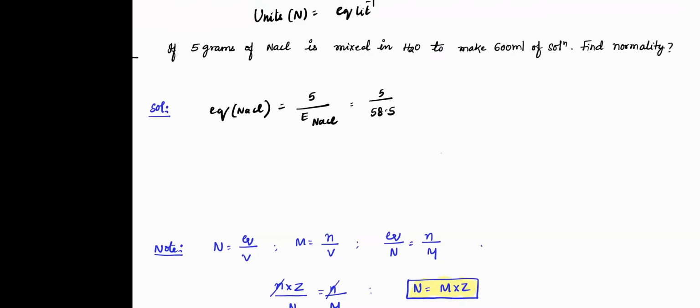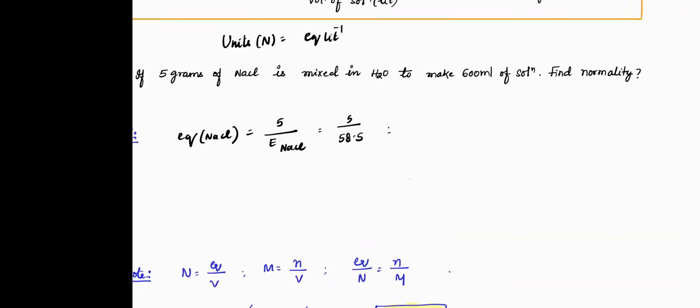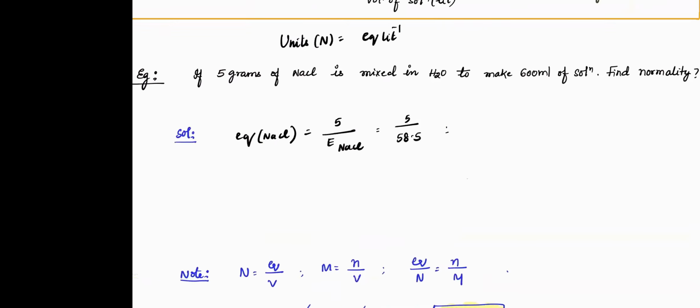This is the equivalent weight of NaCl because the valency factor is 1. So the number of equivalents of NaCl is 5 by 58.5.